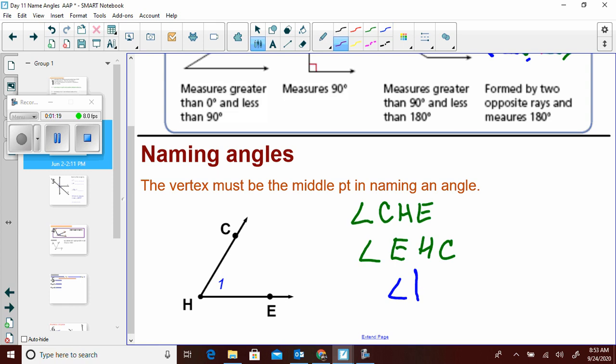See how this angle is alone, there's only one angle. You technically can call it angle H because it's the only possible angle. Only use this if you're very comfortable with naming your angles. You can never go wrong with this one or this one, okay? This is if the angle is by itself.